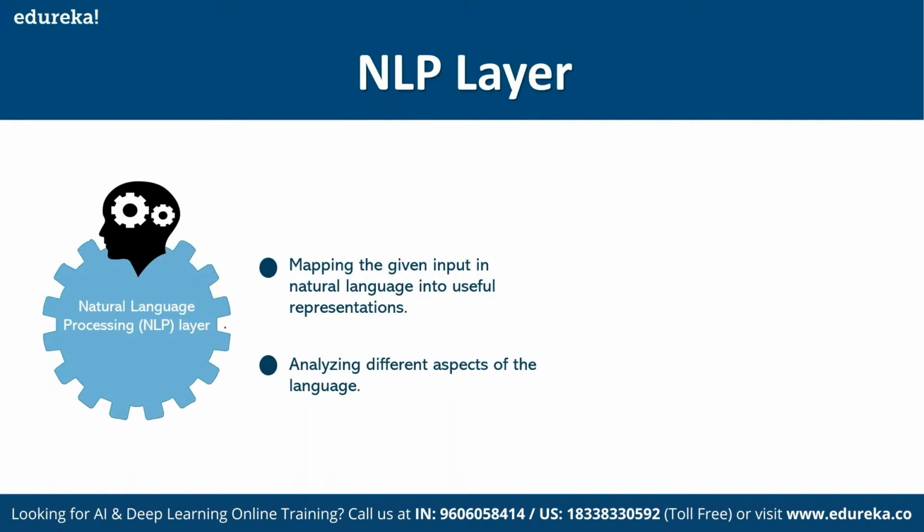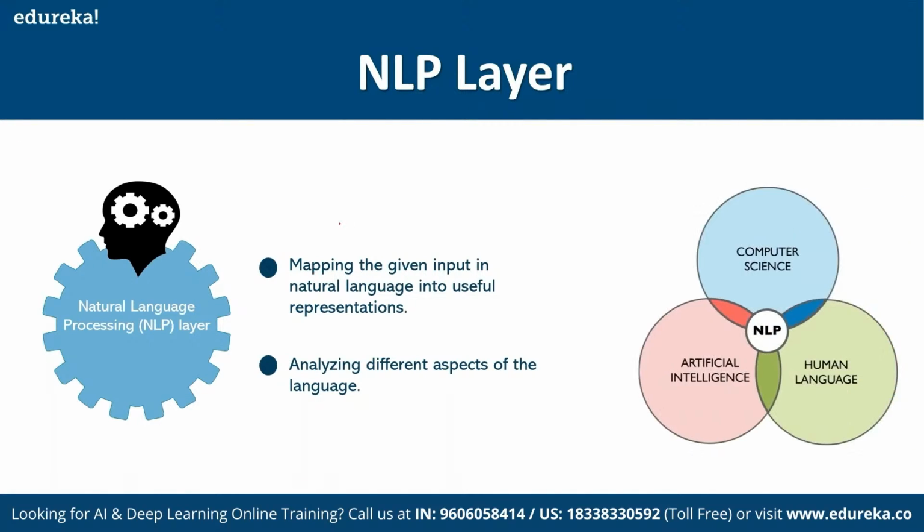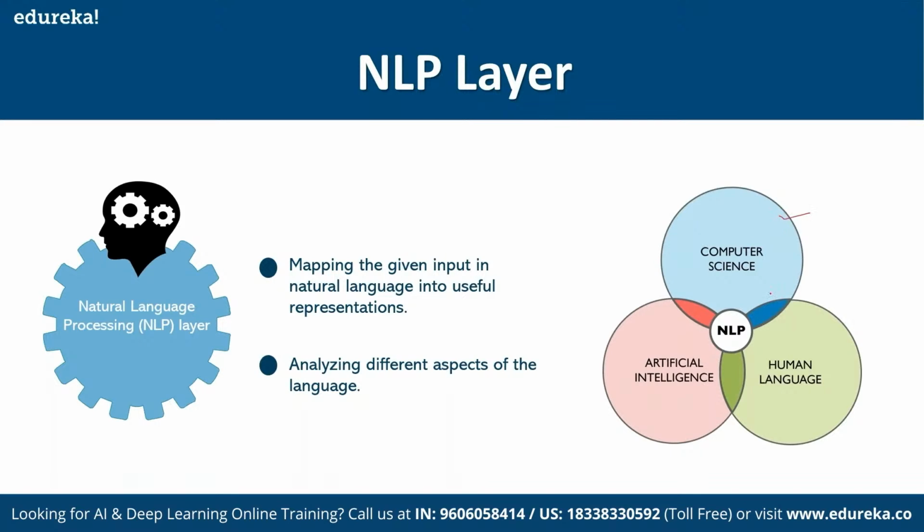In short, NLP is the use of computer science, artificial intelligence and human language. How can we overlap all these and create one technology? That is basically NLP. NLP is designed to understand human language, and to understand it in a more mathematical way.